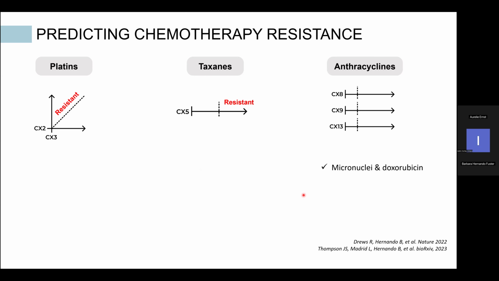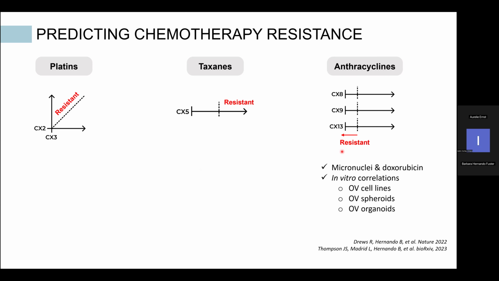So our hypothesis was that those patients that have high levels of CX8, CX9, and CX13, who have these focal amplifications, are already in contact with micronuclei and genome damage in their cells, so they are going to tolerate the damage caused by doxorubicin better. Because they already have amplifications, they are more tolerant to this damage caused by doxorubicin.